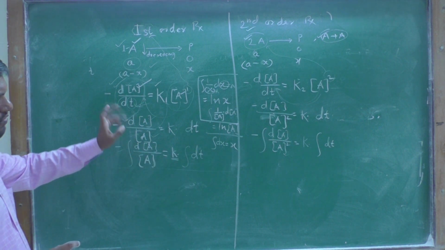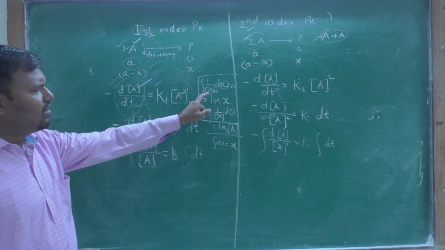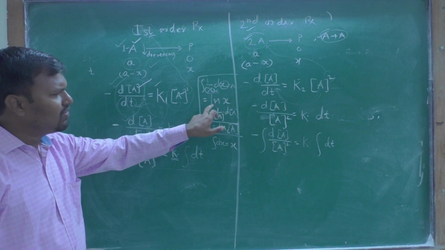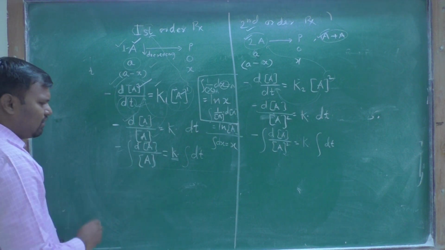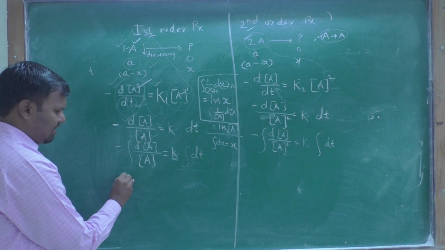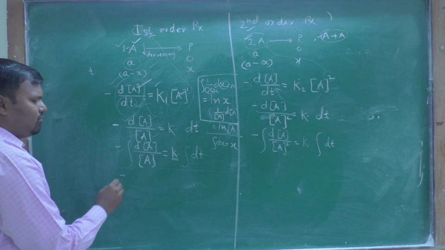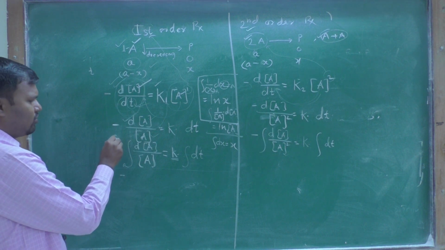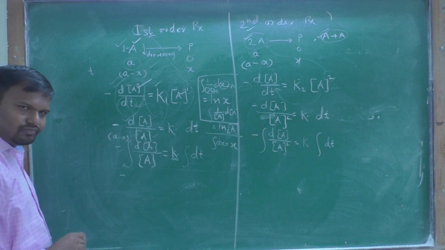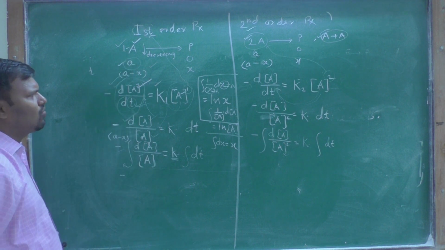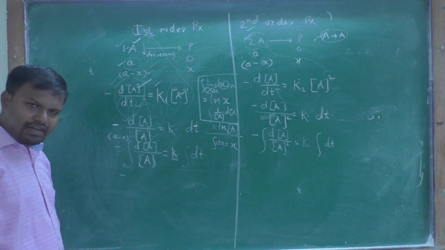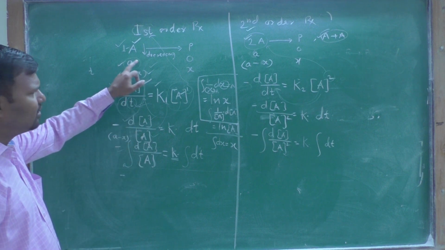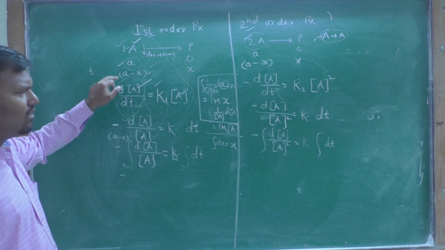For this we have the formula, when 1 upon x into dx is equal to ln x. Its limits should be, at the start your concentration was 0, after some time concentration a minus x. That is the initial concentration and the final concentration of the reactant, because we have considered the reactant. Therefore the initial concentration of reactant is a and the final concentration is a minus x.